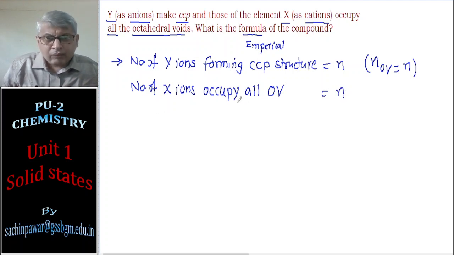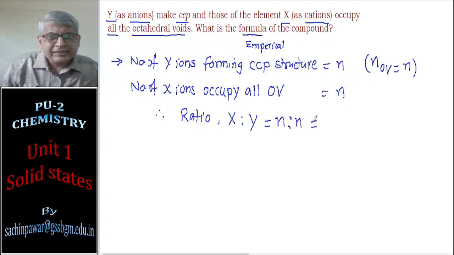Therefore if I find the ratio of the cation to anion, it is n is to n. That is, if I divide, it is 1 is to 1.